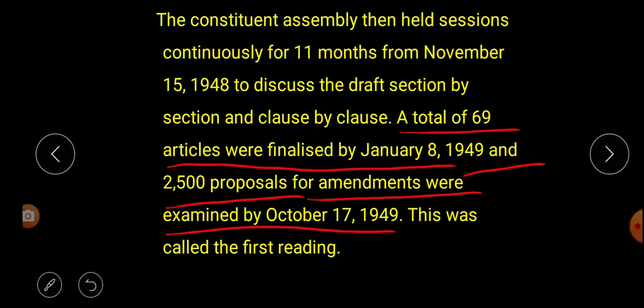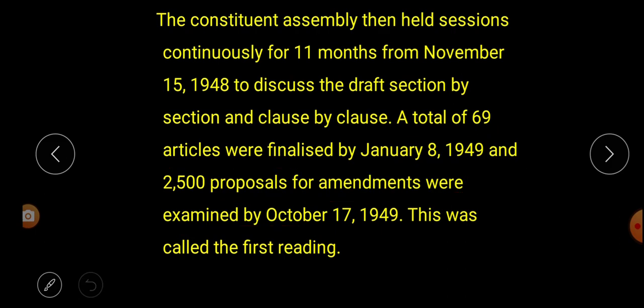Thereafter what happened? 2500 proposals for amendments were examined. There were 2500 proposals that had to be changed. So it was examined by October 17, 1949, and this was called the first reading.